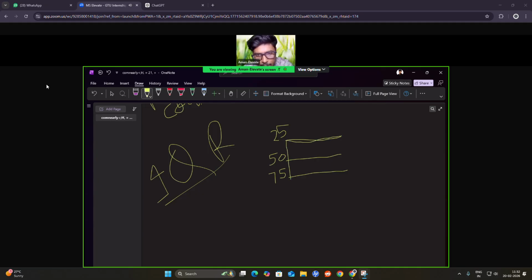Am I correct or not? Anything above this? Anything below this? Vice versa. Anything below 25%, or anything above 75%. Am I correct? Or something else?